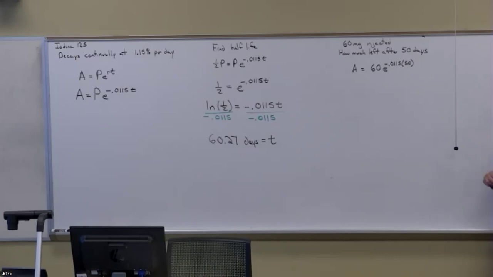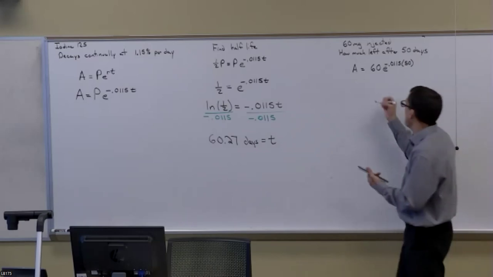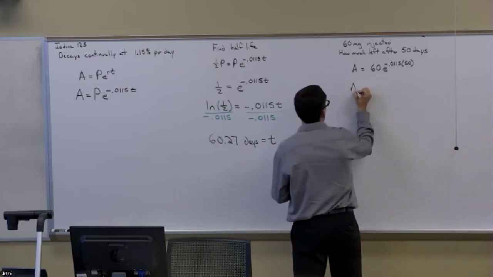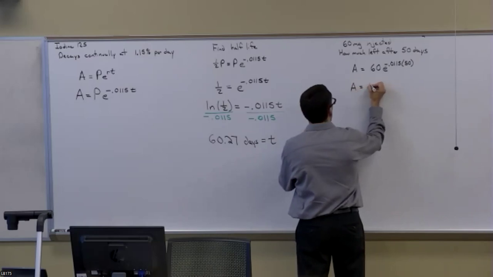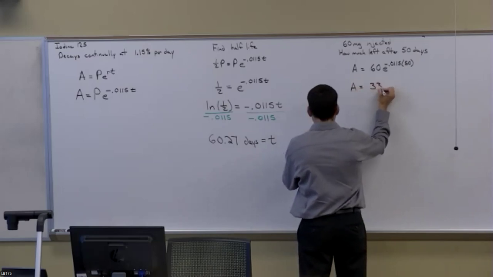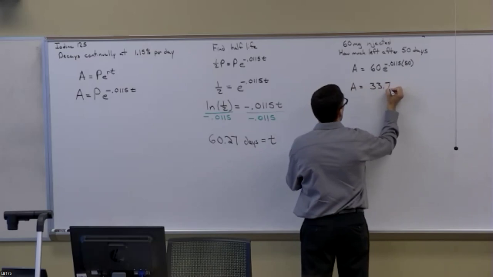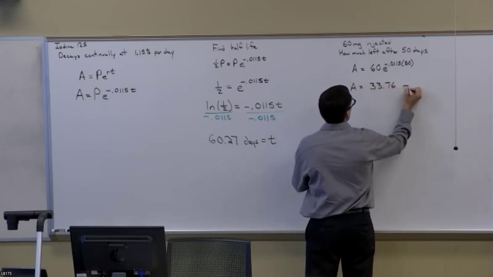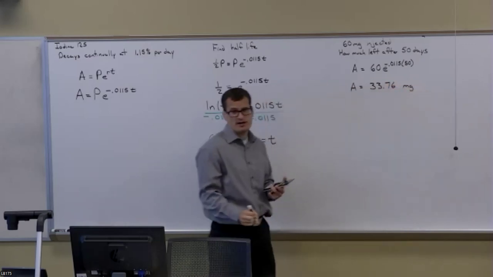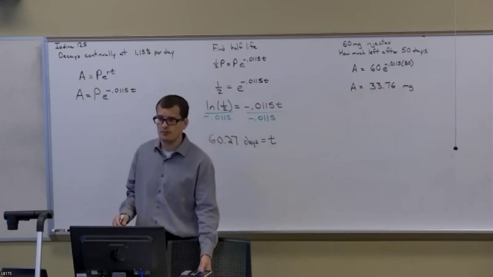And obviously our starting amount, we make that 60. This is something I type into my calculator. And that gives me about 33.76. This was in milligrams, so it would be milligrams of that isotope.